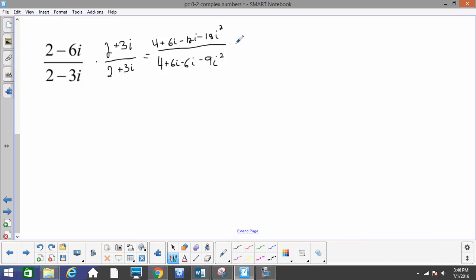So I went ahead and I FOILed these. Those cancel on the bottom, the 6i's. That'll actually be 4 minus 9 times negative 1. So 4 plus 9, which is going to give me 13. And on the top, that negative 18 times negative 1 is going to be positive 18.